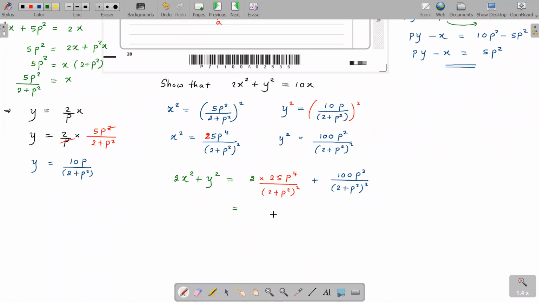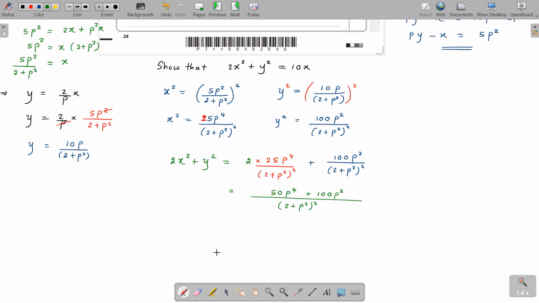No, you can see the common denominator, 2 plus p square squared, is already there. So 2 times 25 is 50p to the power 4 plus 100p to the power 2. Do you agree? Take a 50 and take the common thing out. We can take a 50 and a p square out, right? So I get p square plus 2. Do you agree with me? Over 2 plus p square, squared.